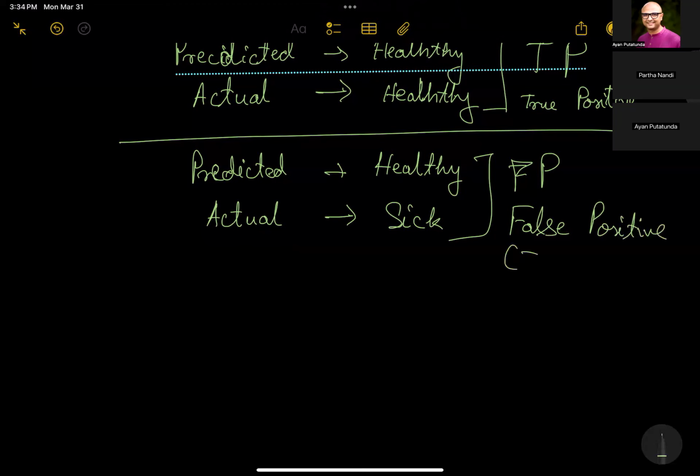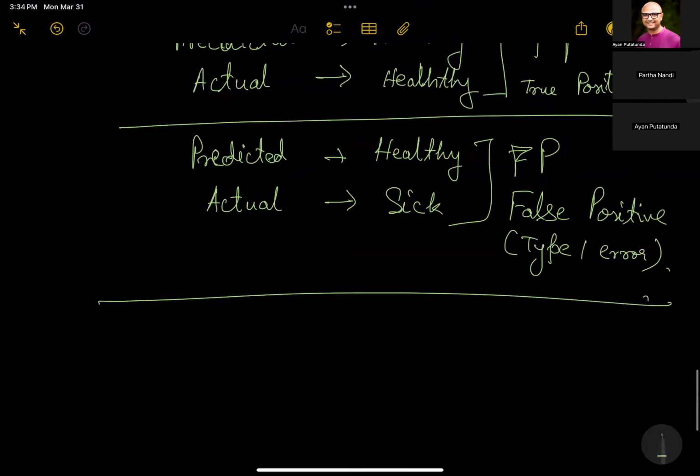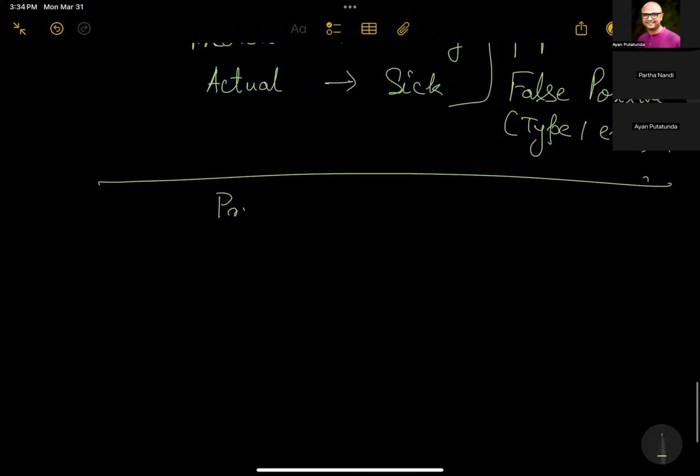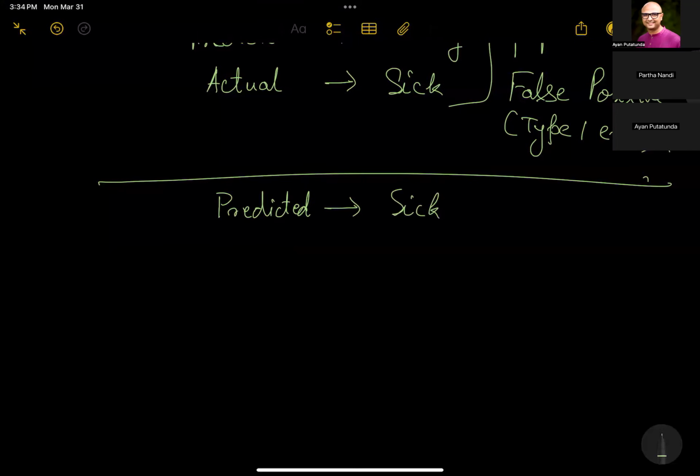This is also called type 1 error. Now there can be another two cases, right? Now the model says that the predicted is sick, and actually the person is sick. This is called true negative.